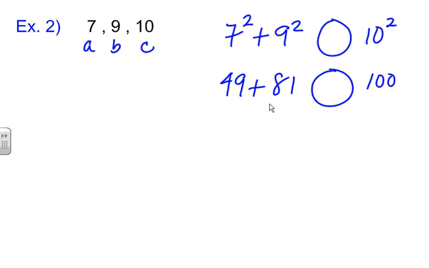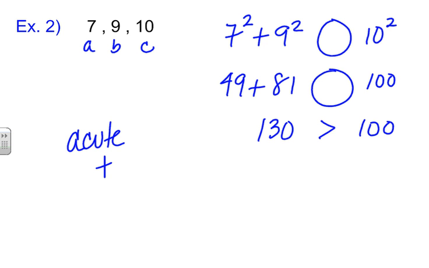Well, 81 plus 49 is equal to 130, and that is greater than 100. So we're saying the legs are larger than the hypotenuse. For that to be true, that means that we have an acute triangle, because the legs are larger than the hypotenuse.